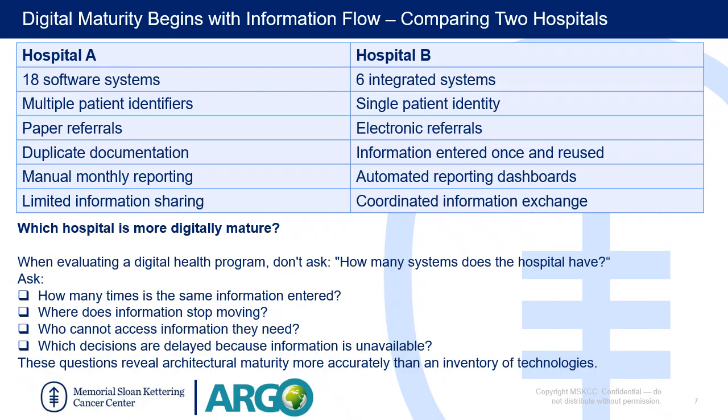Where does the information stop moving? Who cannot access information they need and why? And what decisions are delayed because information is unavailable? These are the questions that reveal architectural maturity. And as an informaticist, these are the questions you need to ask before you can begin to design the optimal architecture for the facility.